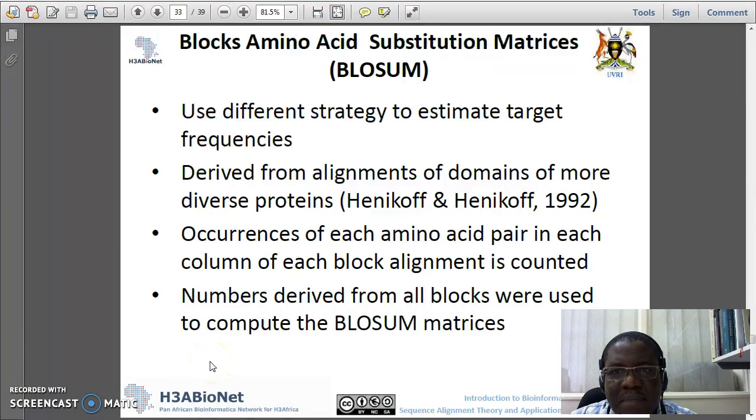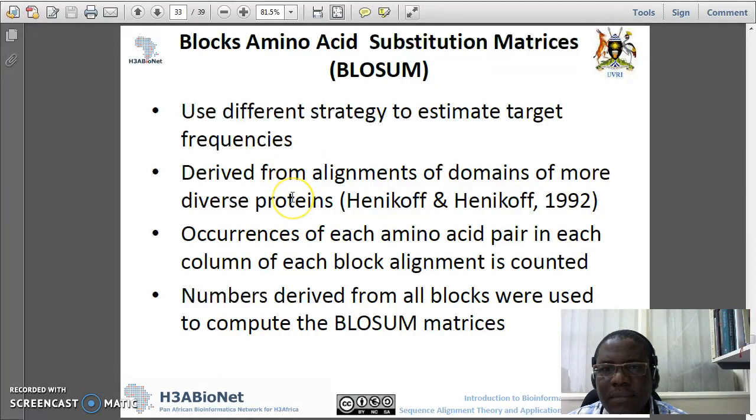So the other main substitution matrix that's used for aligning protein residues is called the BLOSUM family of matrices. And these use almost a similar approach or alignment strategy to the PAMs, but there are some differences, especially in the way the frequencies of the target residues are estimated.